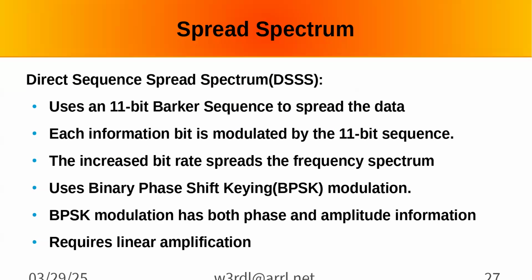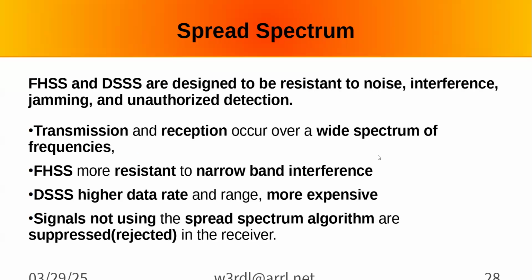In this one, you're kind of broadbanding a bunch of frequencies depending on that sequence pattern, and you modulate that with the data. It uses binary phase shift keying to actually modulate. And it's again one that requires a linear amplifier. Since you care about the amplitude, you can't use a class C for that.